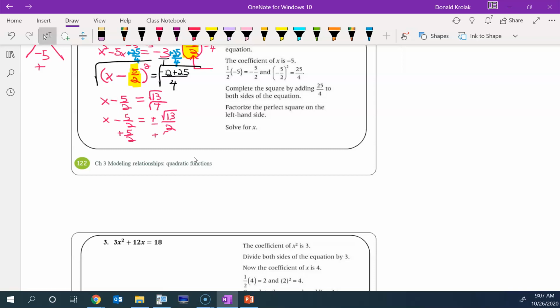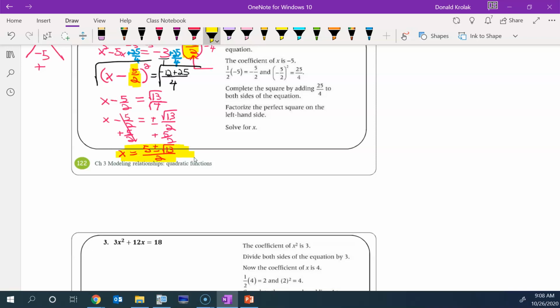When you have odd numbers, it just gets a little involved. So 5 plus or minus root 13 over 2. And there's your solution.